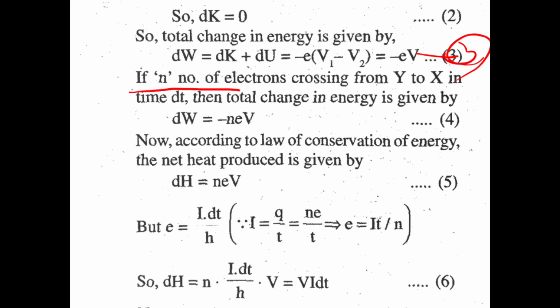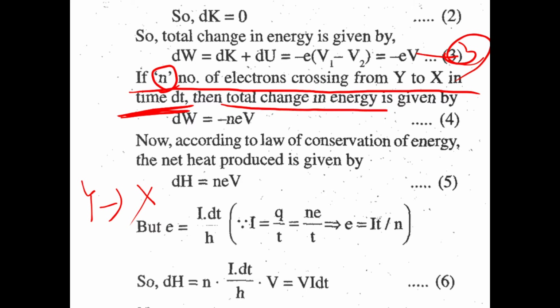If n number of electrons are crossing from Y to X end, we don't know how many electrons are moving from the Y end to the X end. So let n number of electrons cross from Y to X end in the time dt.